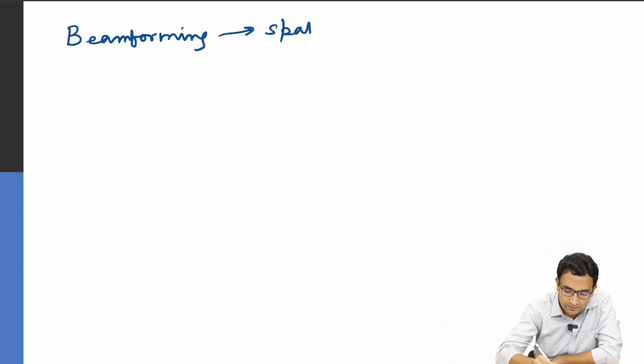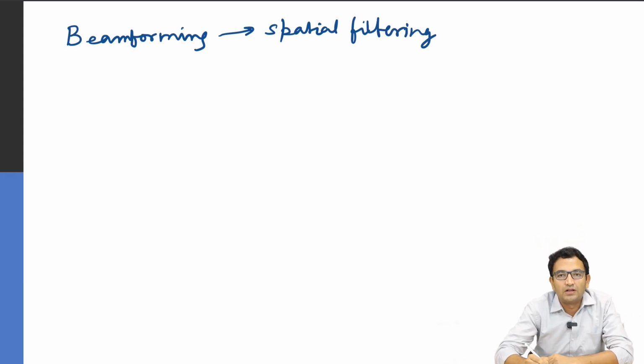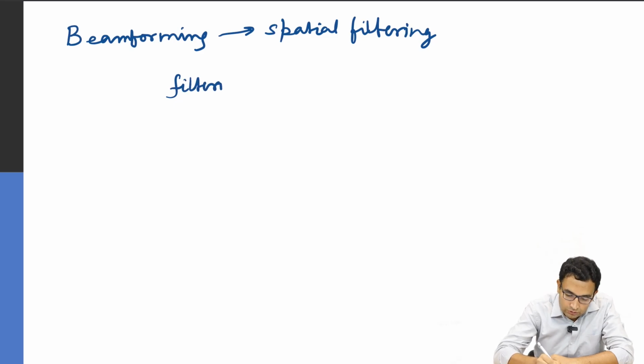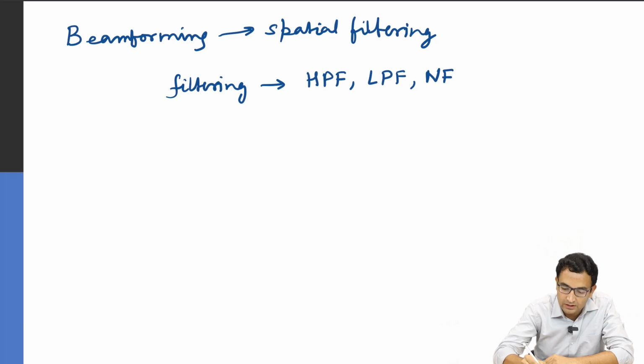Beamforming is a spatial filtering approach. So now you are familiar with filtering in general in the context of signals, right? You may have heard of things like a high pass filter, low pass filter, notch filter, etc. Right? These are frequency filters, right? They take certain frequencies and reject them. They may be selective in terms of certain frequencies.